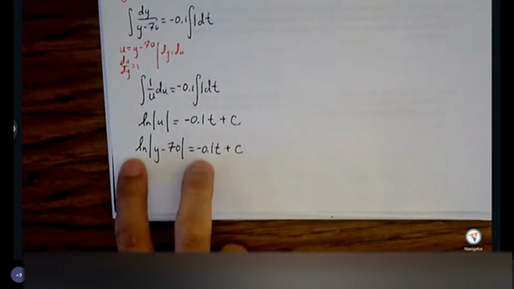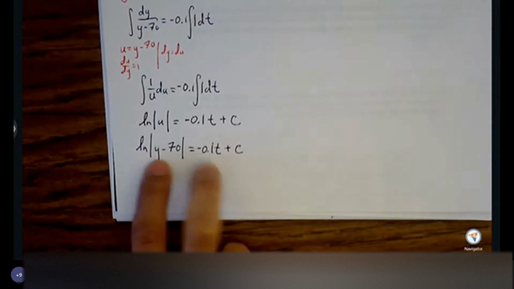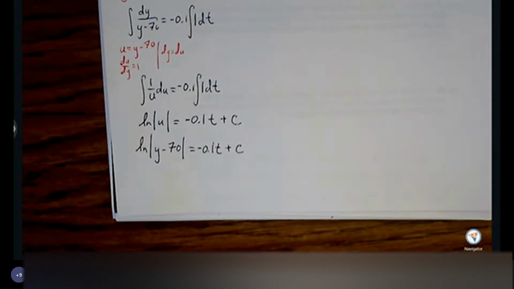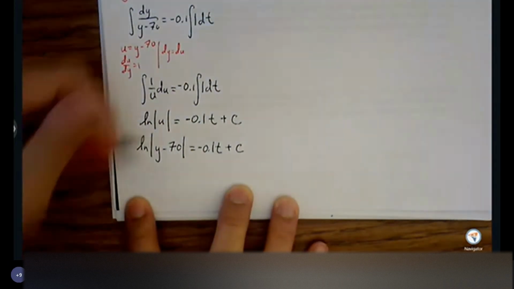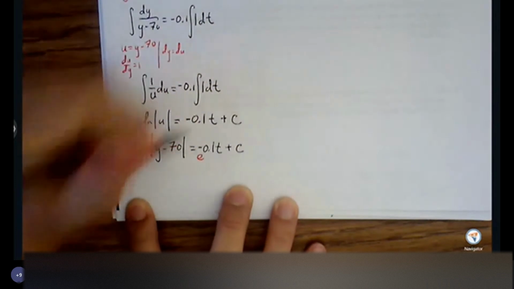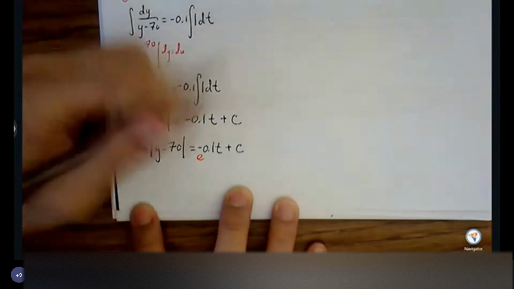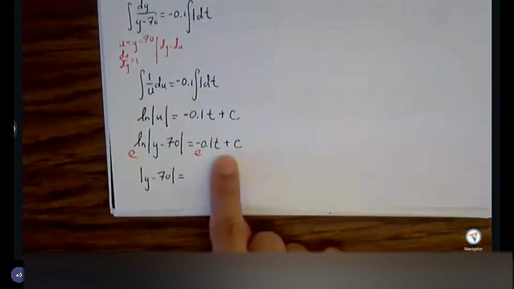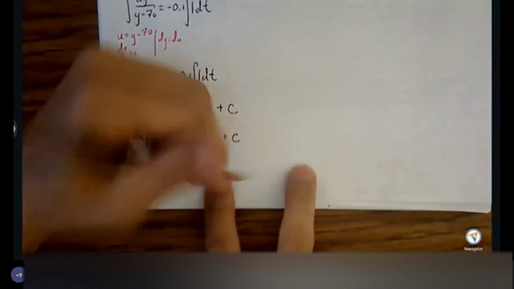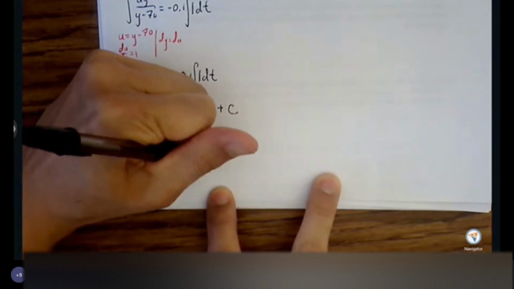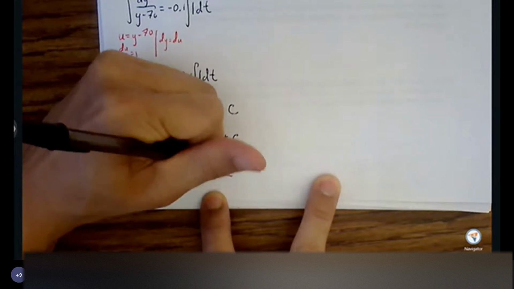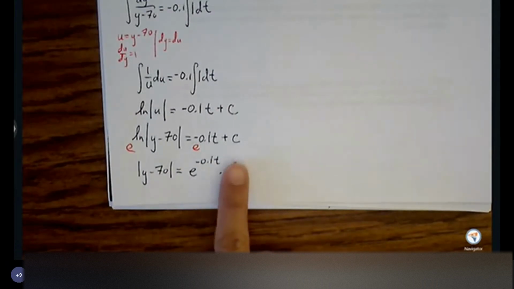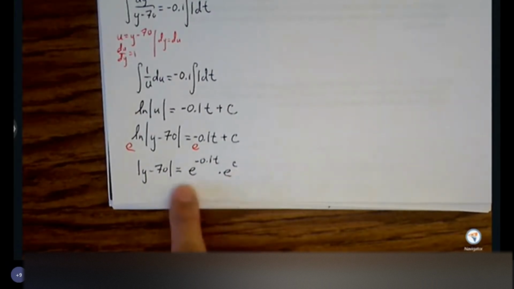I'm going to raise both sides with e as the base and solve for y first. This will clean up nicely, and then we can work in our ordered pair. We can split this up into e to the negative 0.1t times e to the c. And we know what happens with e to the c. That's just going to be a big constant. We can push that constant out in front.